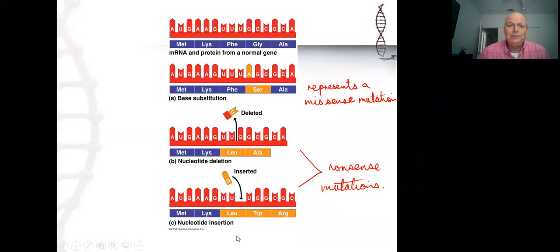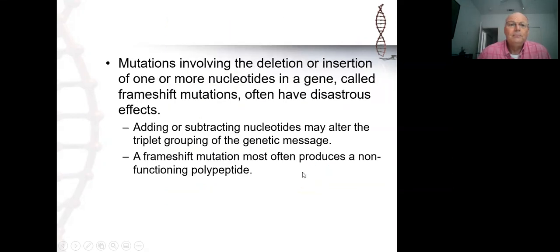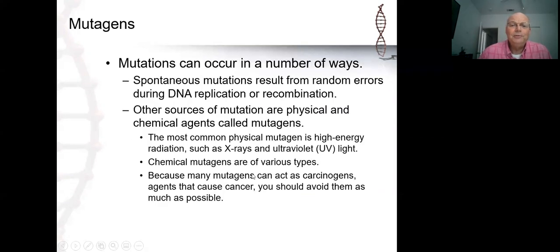And the closer the insertion or deletion is to the beginning of the polypeptide, the worse the outcome is, because a larger portion of the polypeptide is affected. So this is just going back over all of the things that we've talked about in the case of mutations, so you can read this through from the slides that you can download and get more information, or you can stop it there and get them.